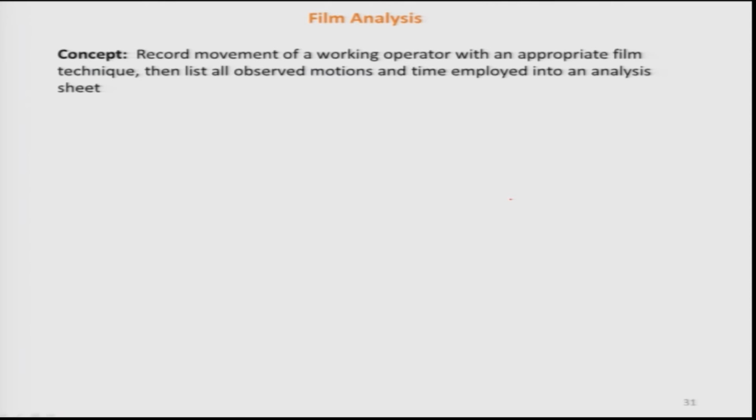Now, how is film analysis done? The concept is to record the movement of a working operator with an appropriate film technique, then list all the observed motions and time employed into an analysis sheet. As I said in the earlier slide, first you record the whole operation, then break it into various observed motions, and then calculate the time. That is the complete process of film analysis.